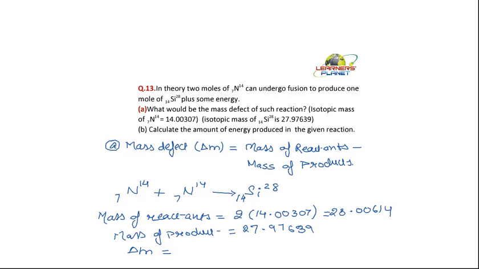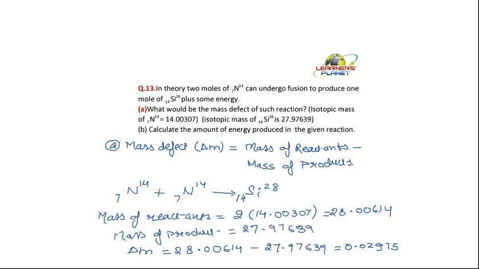So delta M will be equal to 28.00614 minus 27.97639, and that is equal to 0.02975. Right? So this will be the mass defect over here.